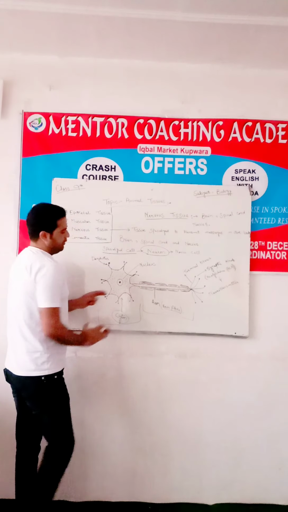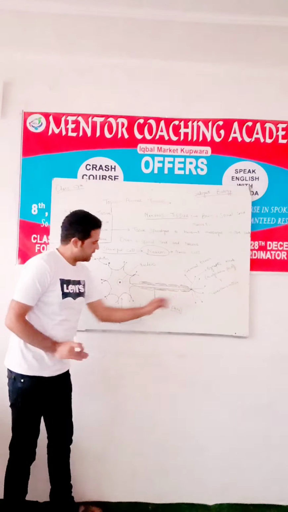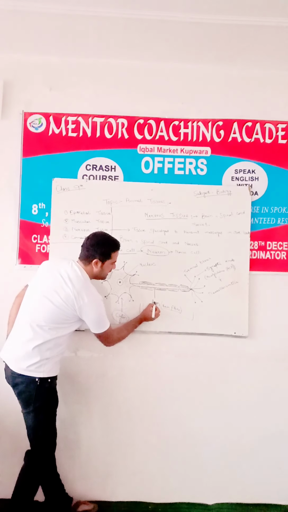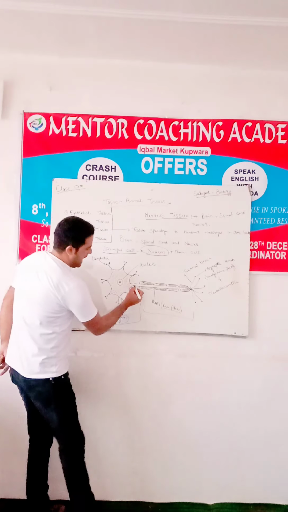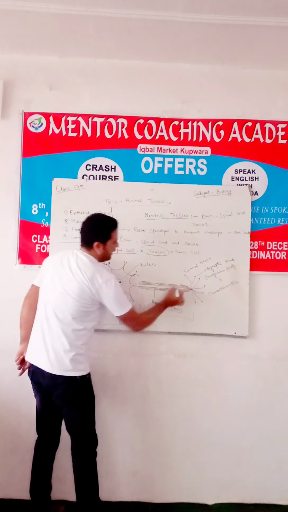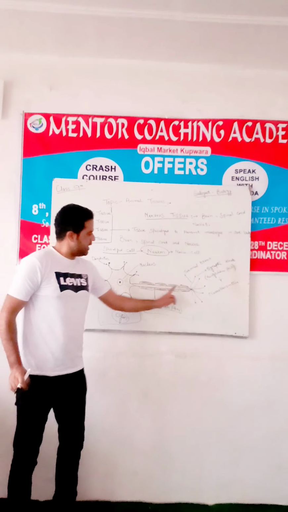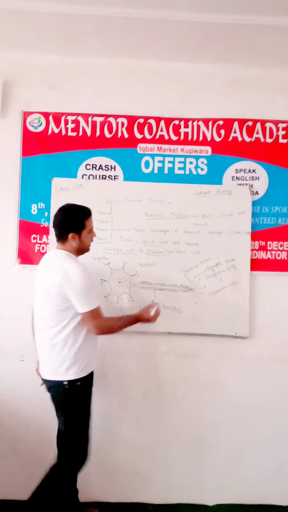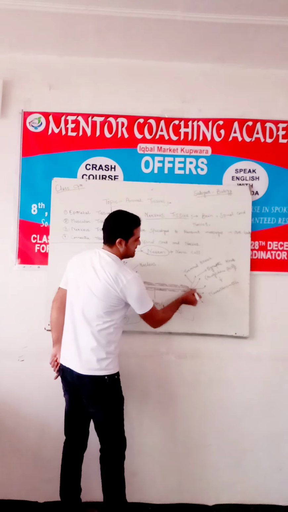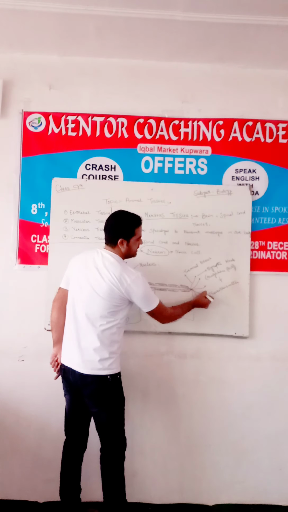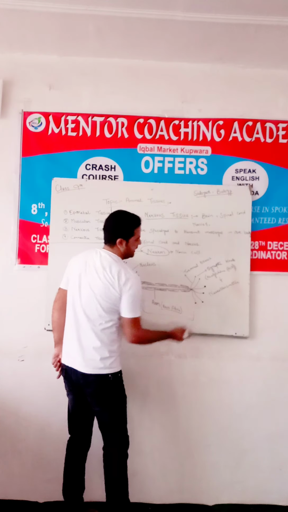Second part of this neuron is this tail-like structure. This tail-like structure is called the axon, A-X-O-N. It is also called the nerve fiber. This axon is long, cylindrical in nature, having the same diameter. At the end of this axon, there are thread-like structures having button-like endings.